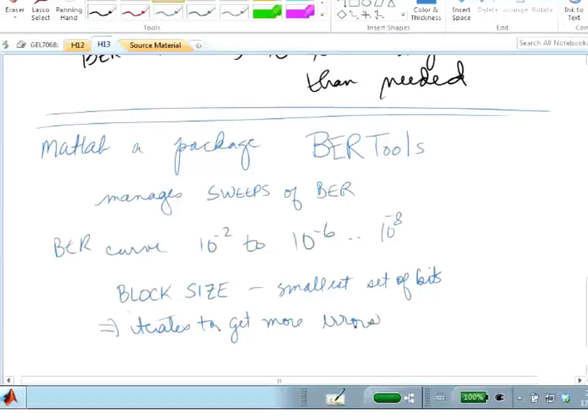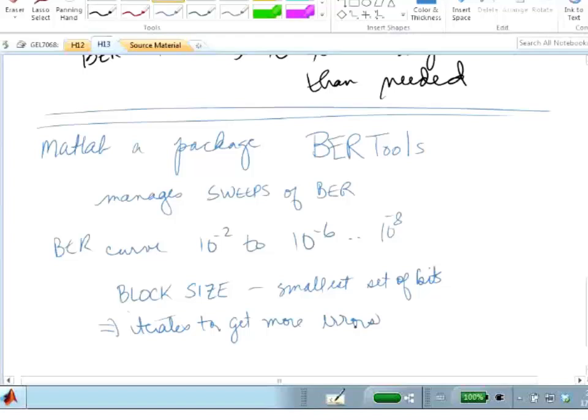So if you choose your block size too large, you're going to use a whole lot of computing power to measure 10 to the minus 2 when you don't need to. If 100th of those are in error and the block size is really big, then you're getting many more error counts than you need to get a good estimate of that bit error rate. But if you choose it too small, then you're doing this for loop, which is really inefficient in MATLAB especially, where you're just running the routine too often.